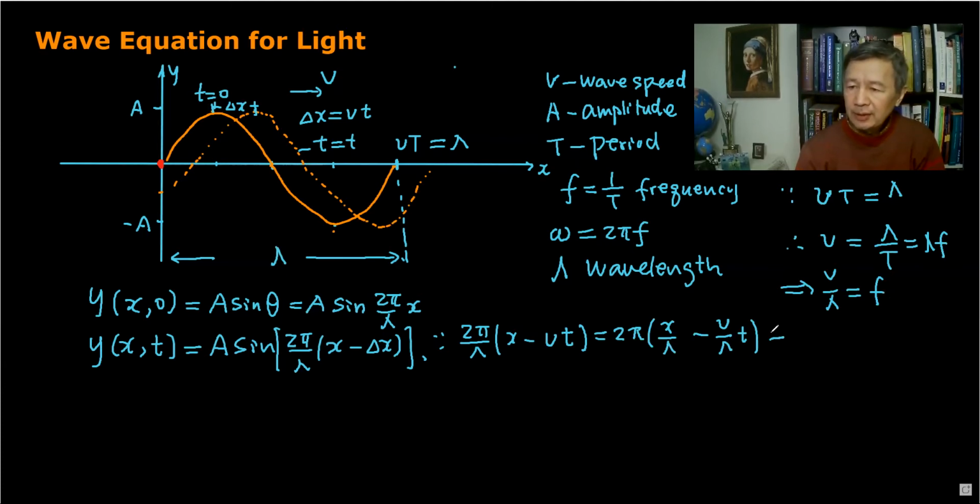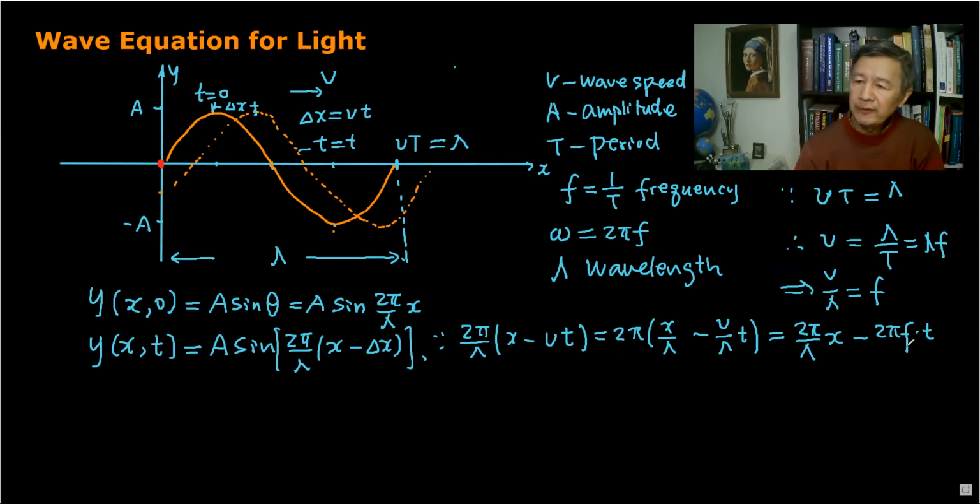Next, we expand the 2 pi. We can put the 2 pi back into each term. We get 2 pi divided by lambda multiplied by x. The next term will be 2 pi frequency multiplied by the time t.